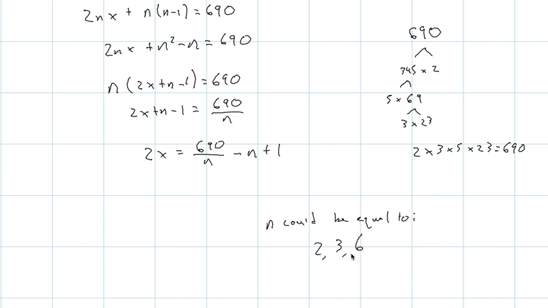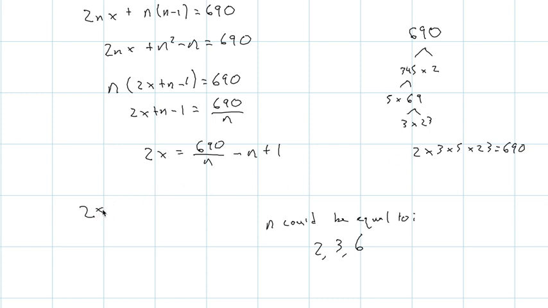And basically, it's not going to be equal to all positive integer factors of 690 because, for example, let's say 30 is a positive integer factor of 690.